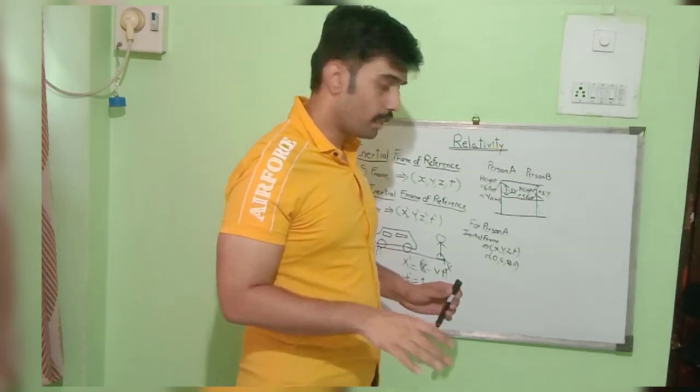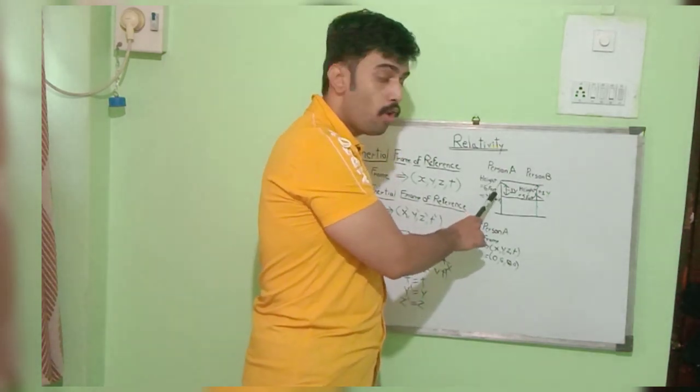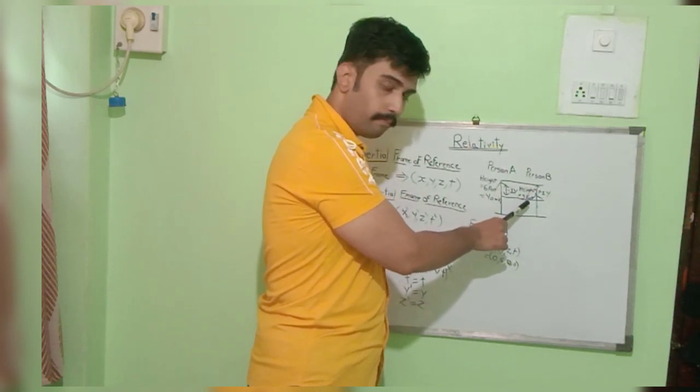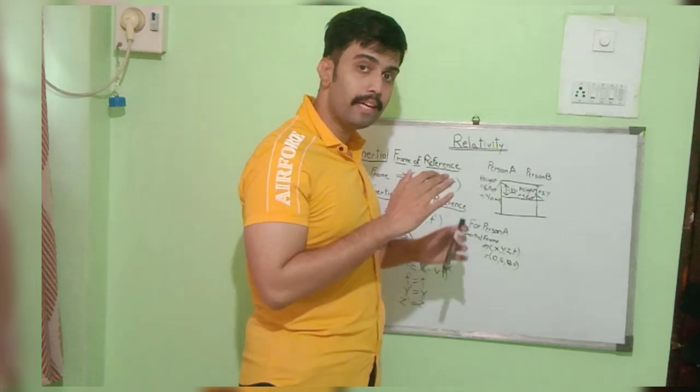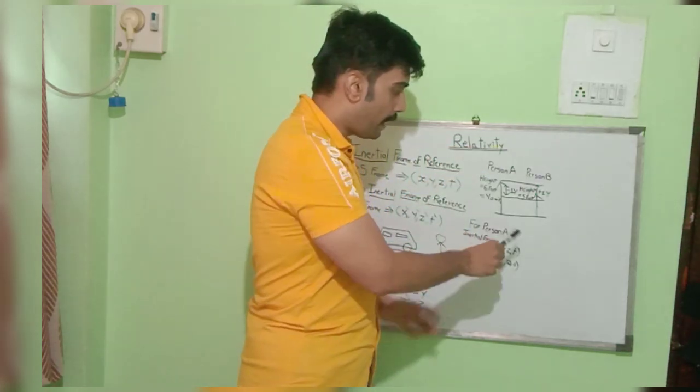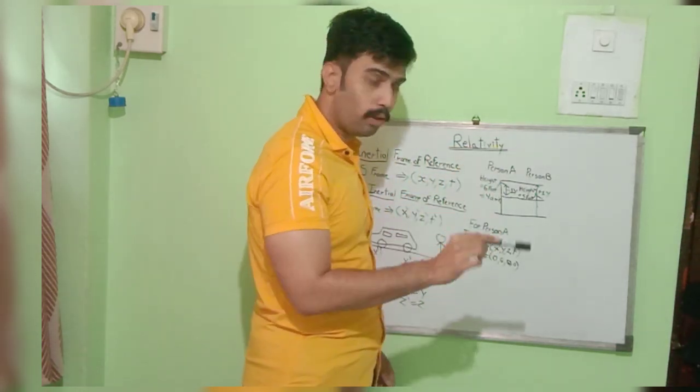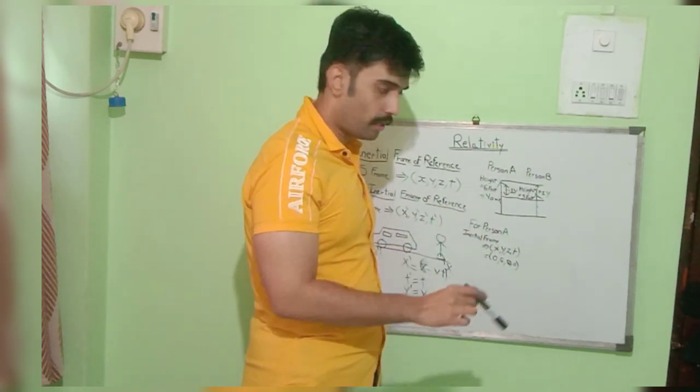I gave an example for a person. If a person is 6 feet high, then for a person who is 5 feet high, he is towards plus y.